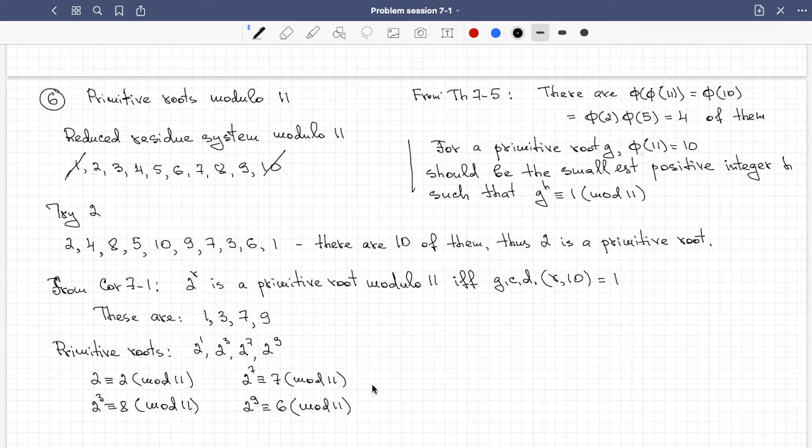That's it. This is the answer: 2, 6, 7, 8. We found all primitive roots modulo 11. Now we know the answer.